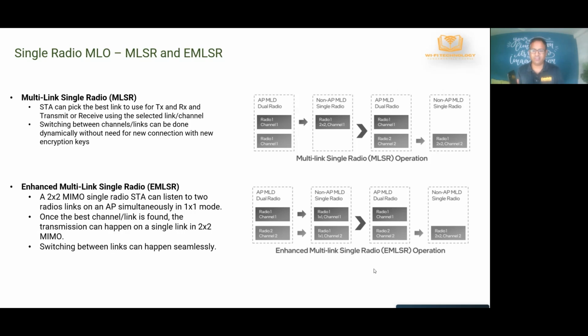Right, and then based on that, you figure out which channel is better for communication, and then you can send data in the 2x2 MIMO mode on the selected channel. So now the scanning process is more efficient using EMLSR, which is one of the techniques that is mostly used.